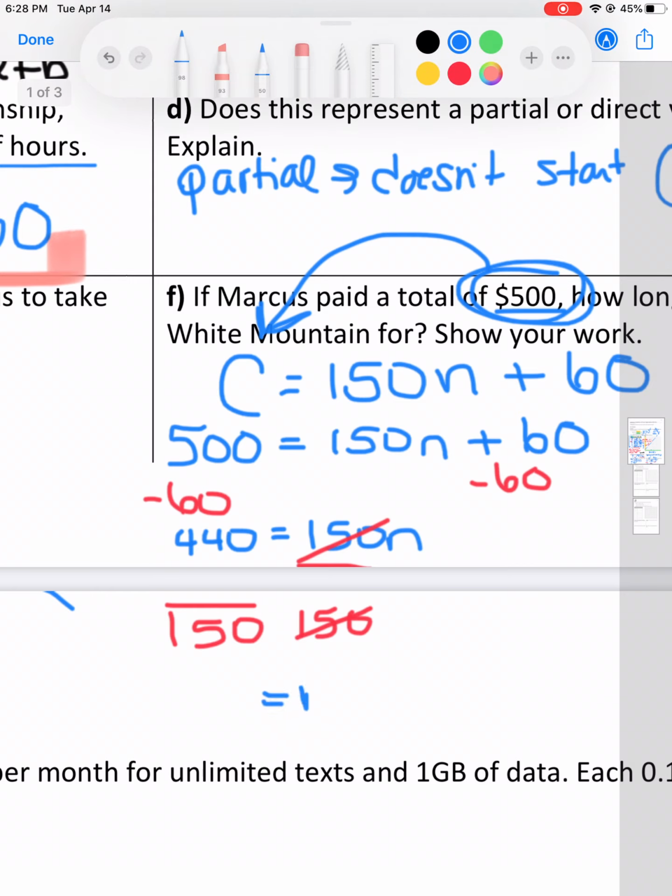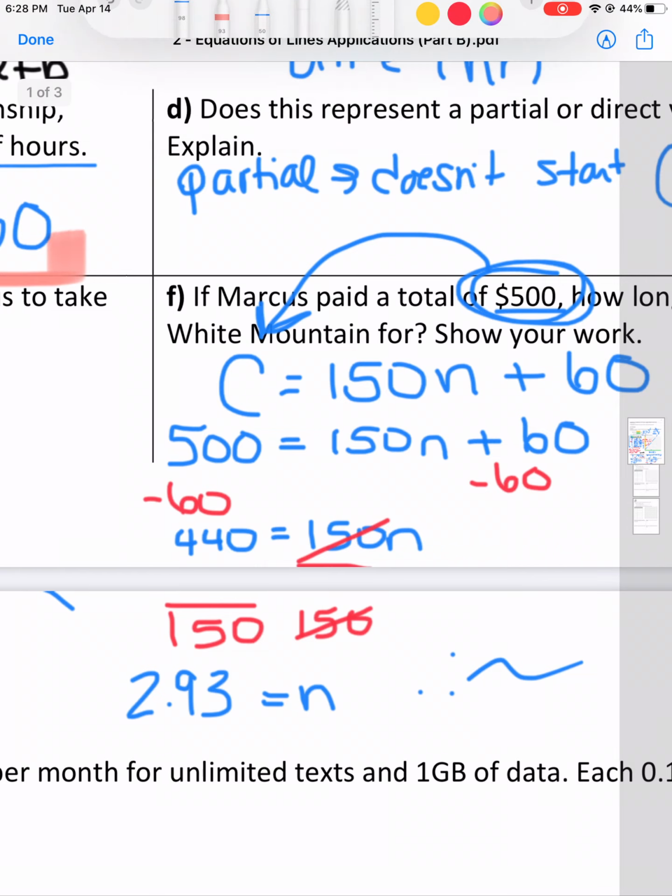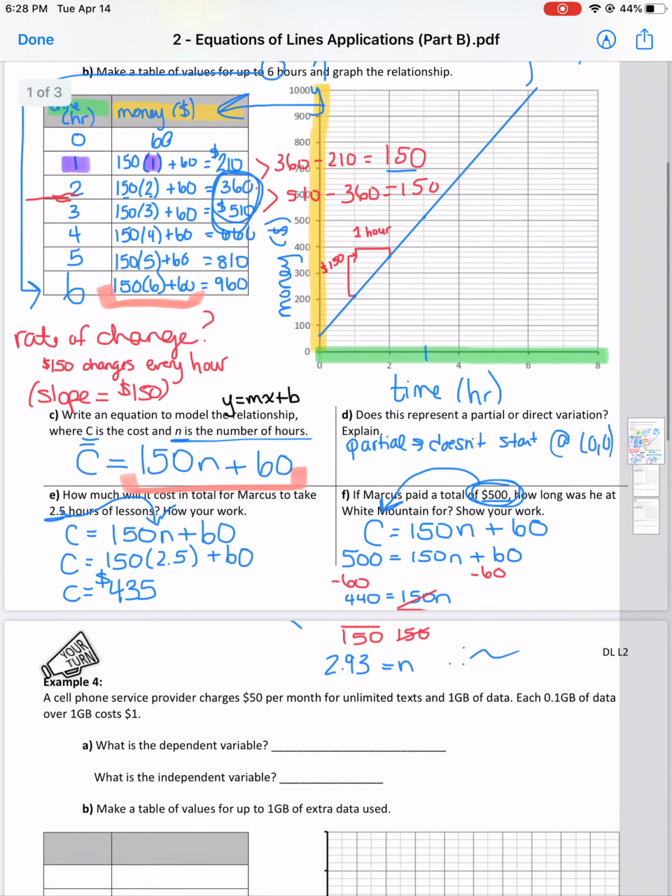What's 440 divided by 150? 2.93. So as you can see, that's almost a 3. So therefore, he was at the ski hill for 2.93 hours. What's 0.93 of an hour? It is 55 minutes. So he's like 5 minutes short of a full hour. Hopefully the ski instructor actually gave it to him. I guess it depends on the ski instructor.